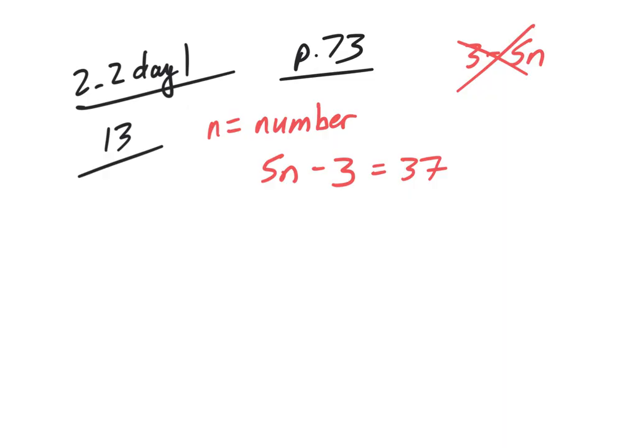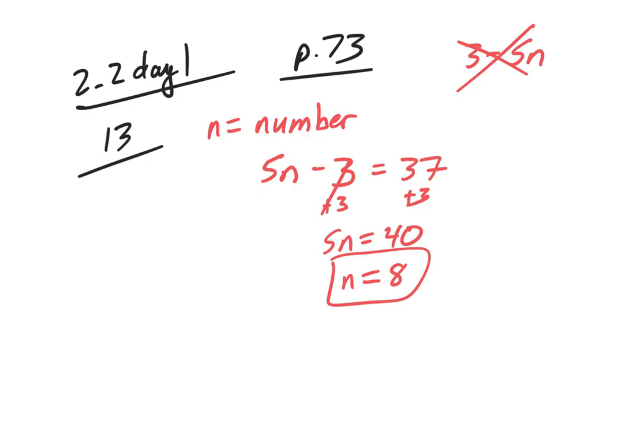So now we can just add 3. And divide by 5. And that would be our answer. Okay. So not only are we setting up the equation, then we're going to go ahead and solve it.